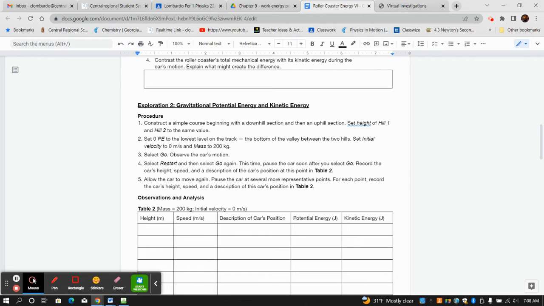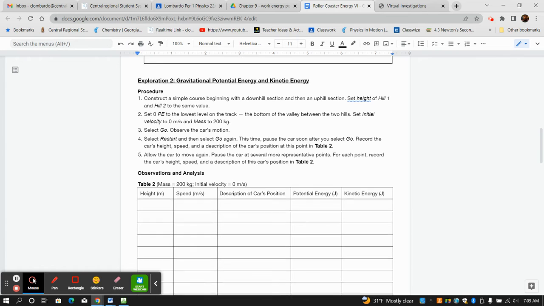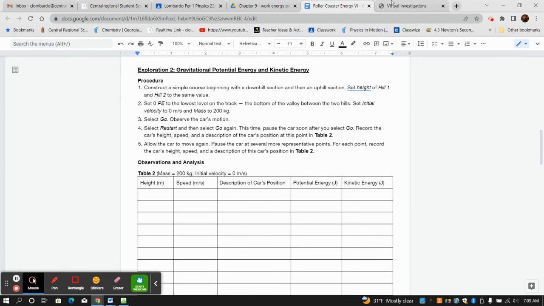And then you'll hit restart, go again. This time, pause the car as soon after you select go. Record the car's height, speed, and description of the car's position at this point in table 2. Allow the car to move again, pause it at several more representative points. For each point, record the car's height, speed, and a description of the car's position in table 2.